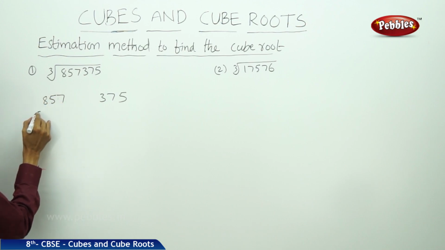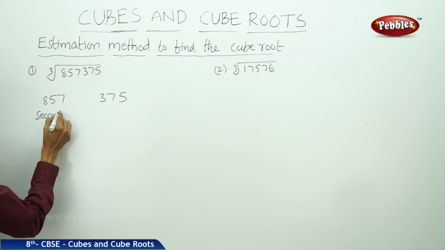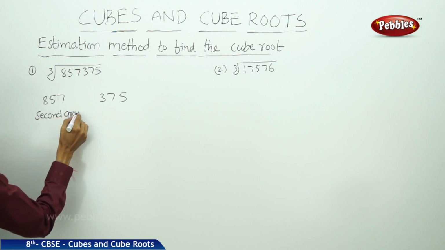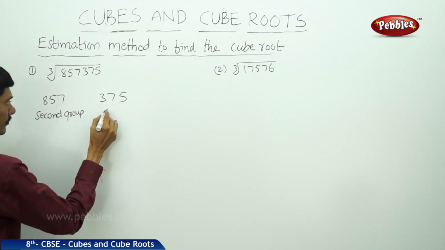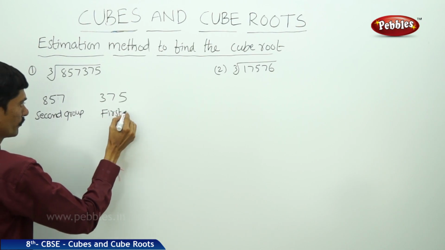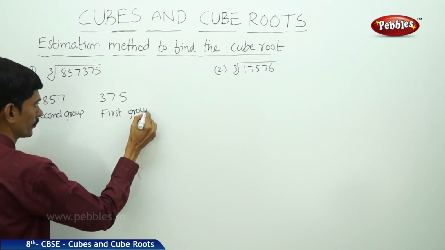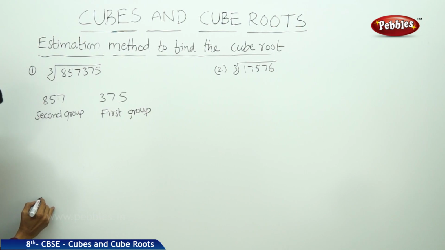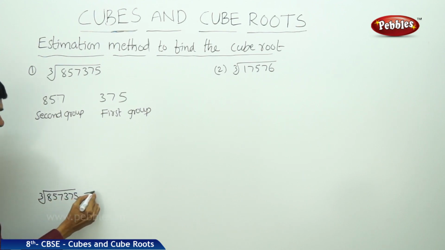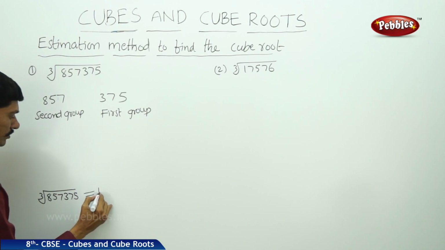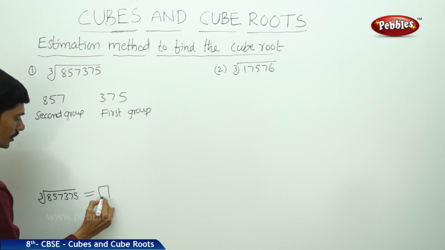So here we need to find the cube root of 8,57,375. So its cube root has 2 digits, ones place and tens place.